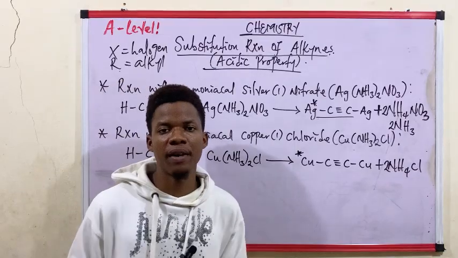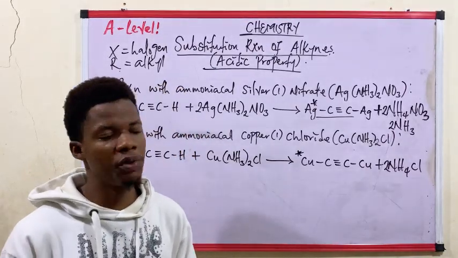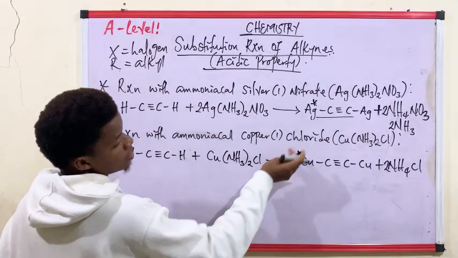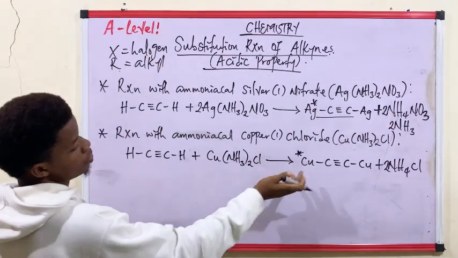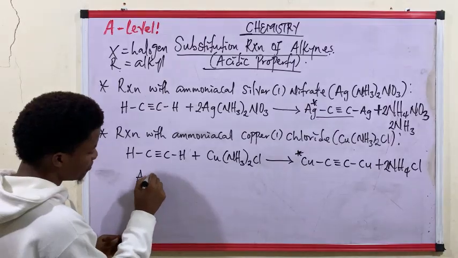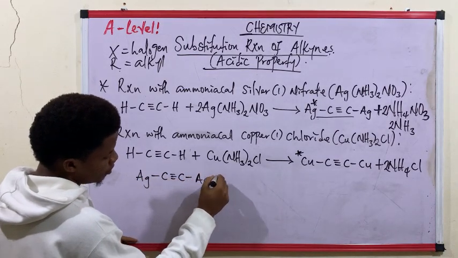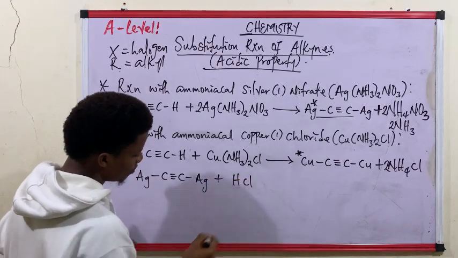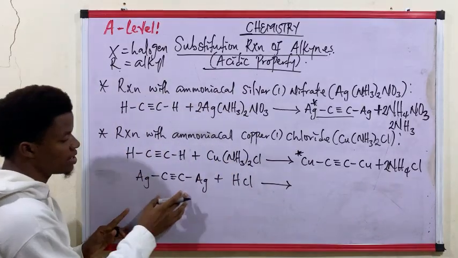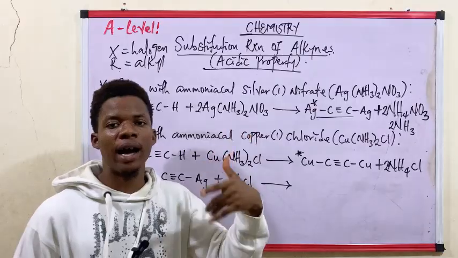Now, when we're talking about mineral acid, what do we mean? We're talking about inorganic acid like hydrochloric acid, HCl. So this is what we're going to have. If we just pick this guy as an example, or any of them, we'll go like this as Ag. Then we have mineral acid like HCl. Remember they are very unstable, they are easily decomposed. So they are going to decompose to give us our alkyne.